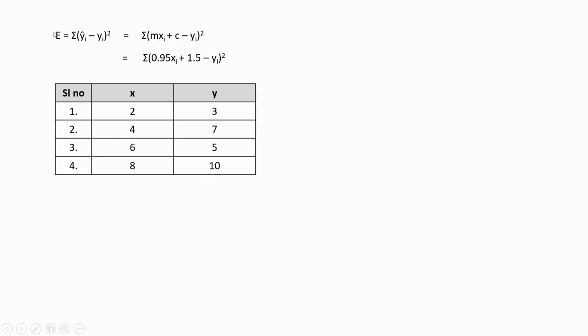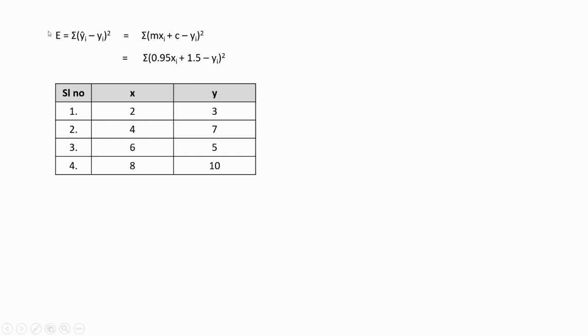Again I'm repeating, if you have your e and you want to minimize it, then basically you are minimizing e square also, square root e also, e divided by n also. Any constant term multiplied or divided, or even any form of e in the form of powers, is not going to change the value of m and c.